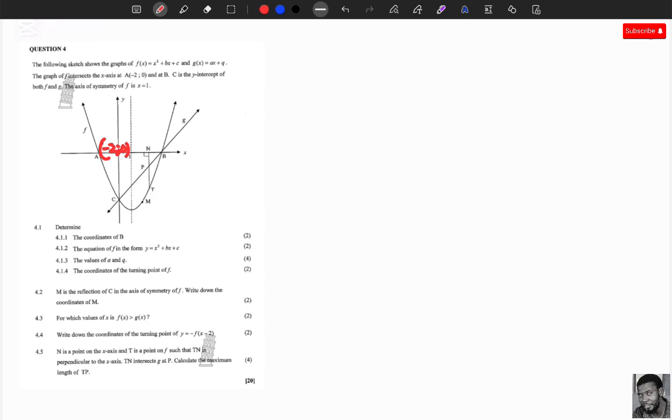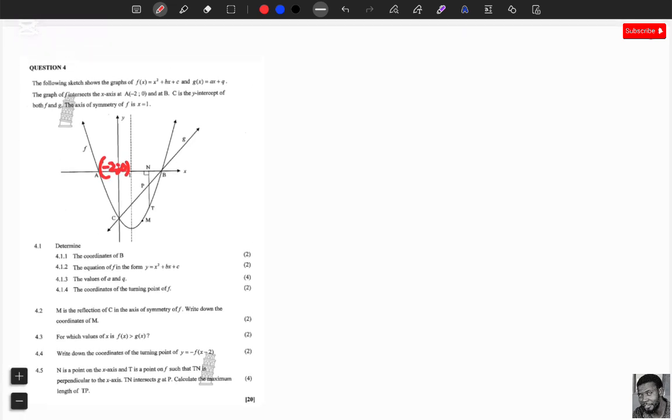The axis of symmetry, this line, is defined by x equals 1. We understand. So we've got to work for 20 marks.